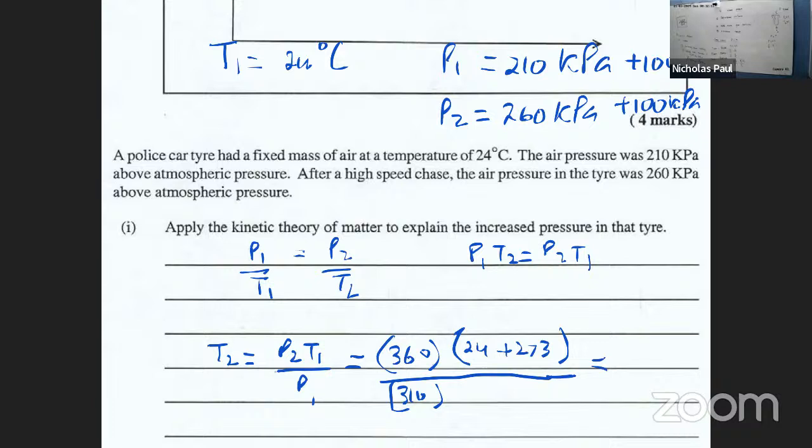How much is that? Take your time. One person has 344.9. That's on the top, right? 345 Kelvin. Pressure went up, so the temperature should go up.